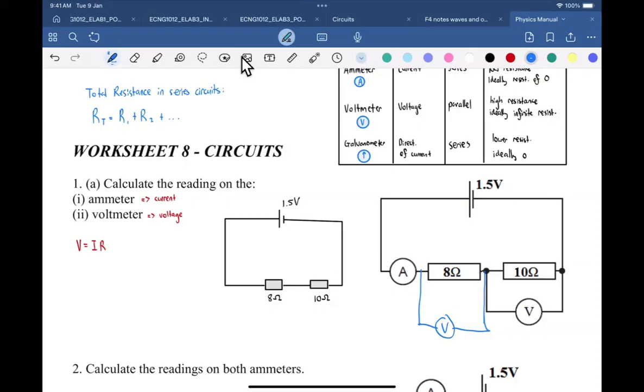Wait, for the 10 ohms, I get 0.83333. Actually, that answer makes more sense. Yeah, you're supposed to get 0.83. Maybe I typed it wrong. Yeah, I did it wrong. I typed in the wrong thing.